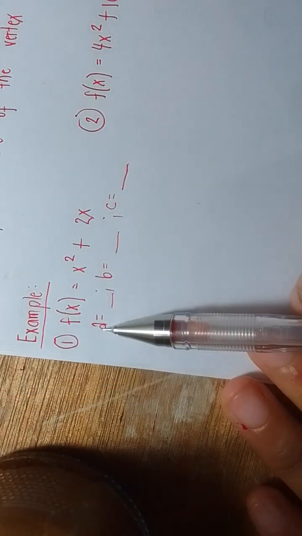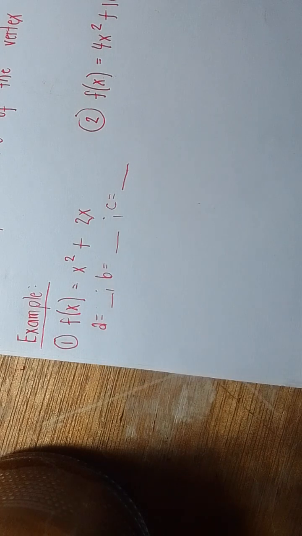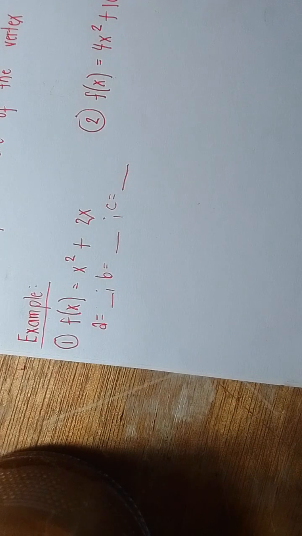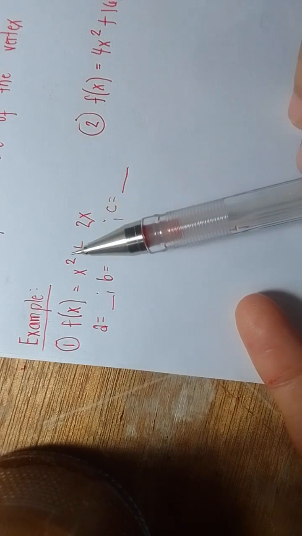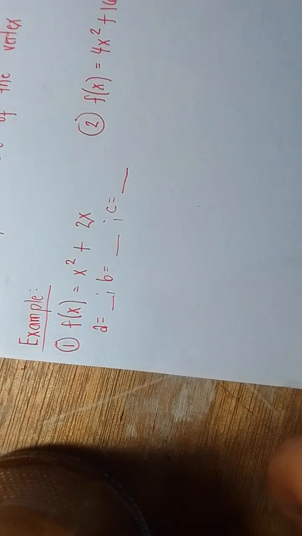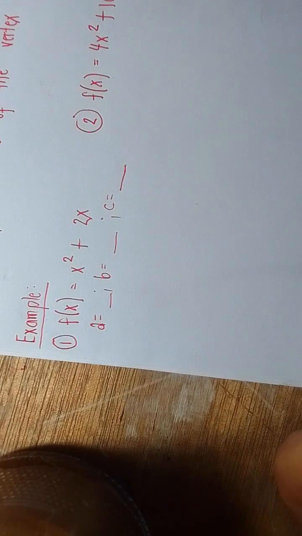For the value of A, as I said earlier, the value of A is the coefficient of the variable with a power of 2. Variable na to nga given ani sa number 1 is x, ha? So, ang x, kanang na power of 2, ang iyang tapad, mao na siya ang value sa coefficient nimo of your variable x squared.